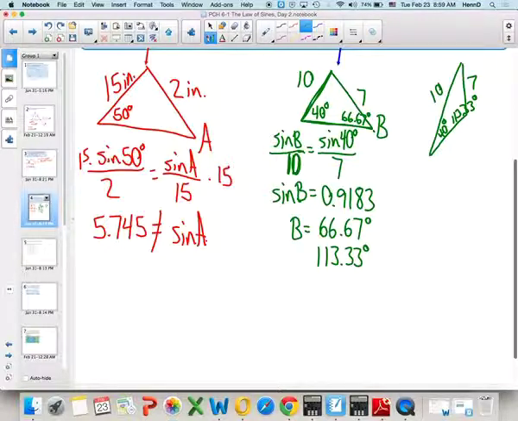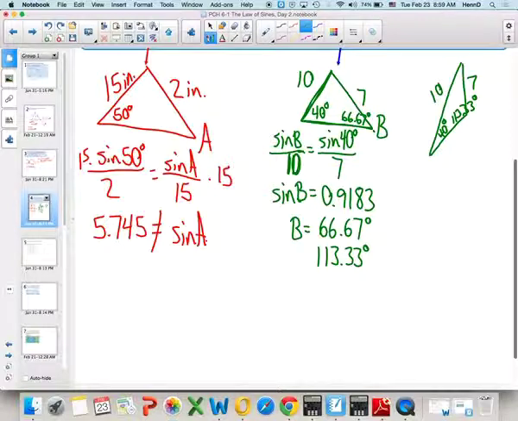But you'll see something like that happen, where you get a side across from an angle and it doesn't match up. But in this case, both of these are viable options. As a result, we have two different triangles that are both possibilities.